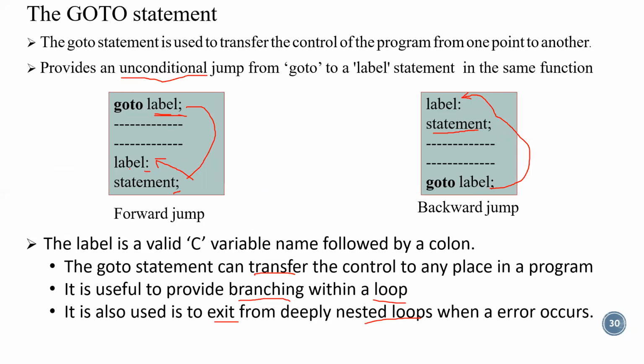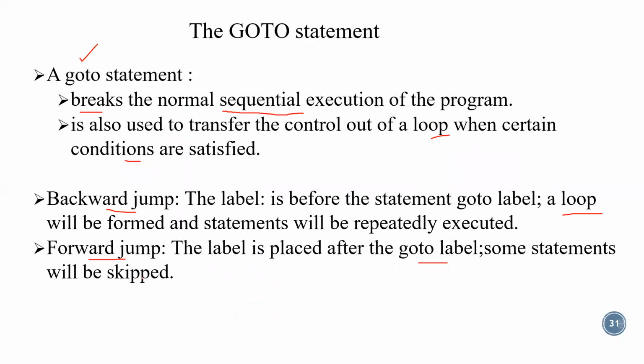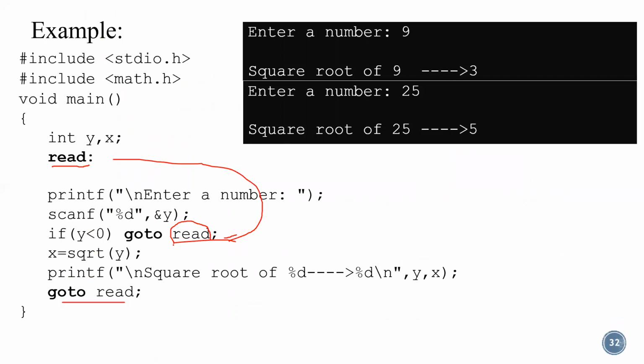Likewise here, the label alone will have a colon, and the goto statement ends with a semicolon. So when you are writing, you should be careful. So actually this is a second statement.